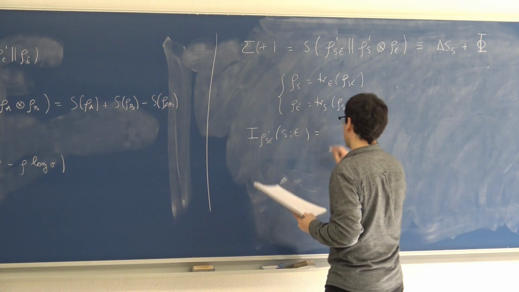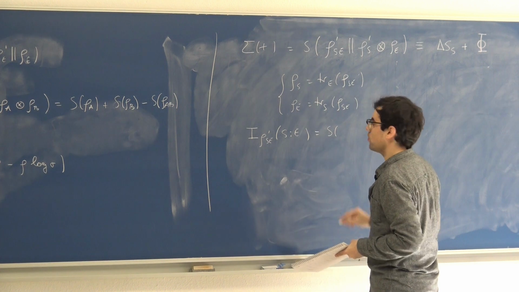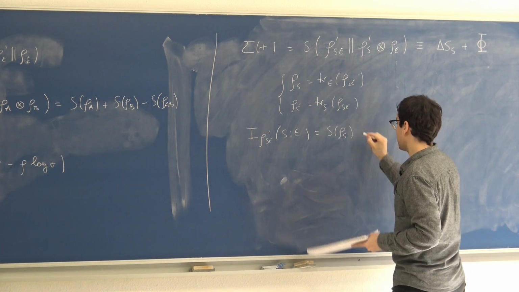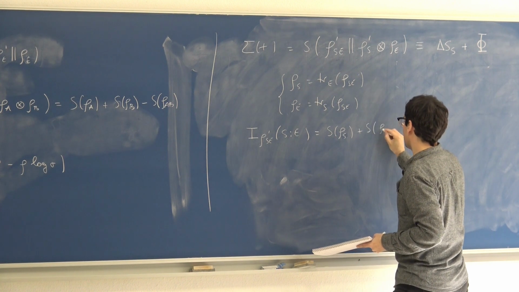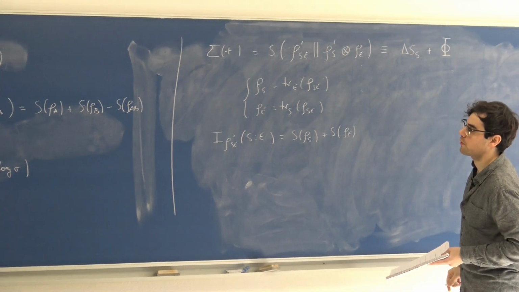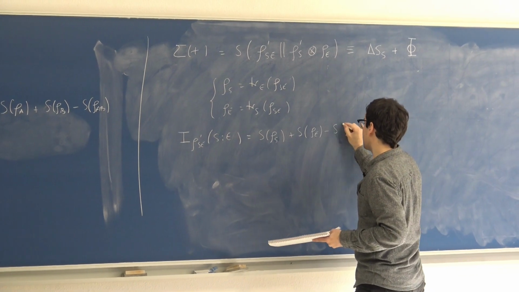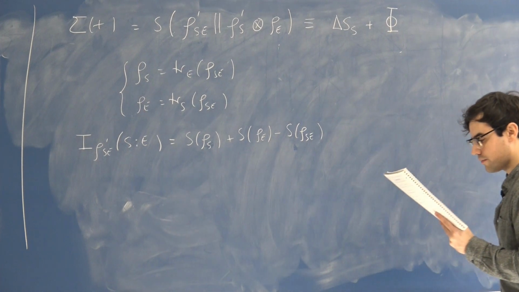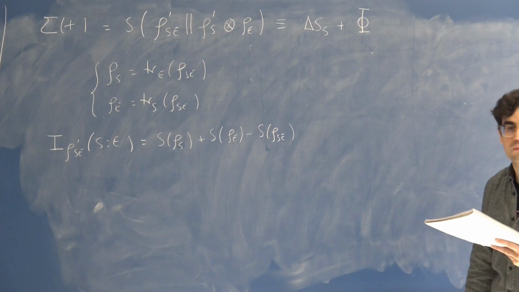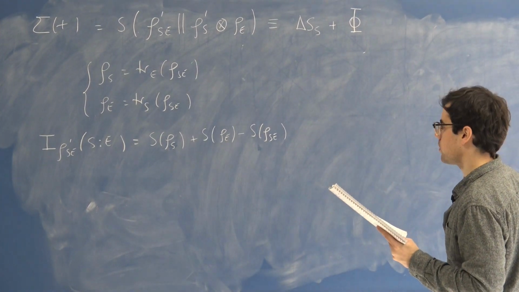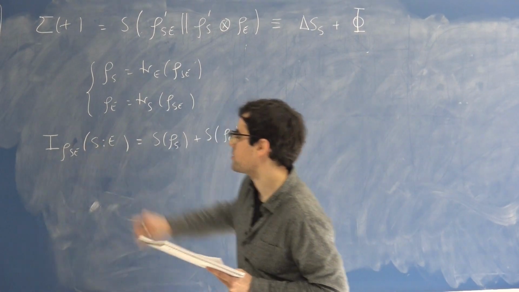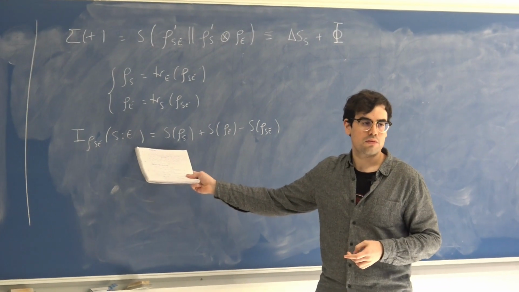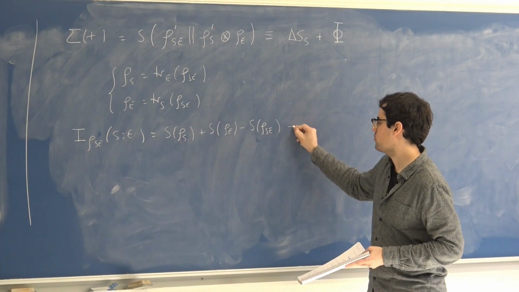You will have the entropy of rho s, plus the entropy of the state of your environment, minus the entropy of your joint state. These are primed, no? Because you take the expectation of prime. Sorry, I'm going to compute it for the initial state. Why am I going to do this? Because I know they are separable. So this will be equal to 0.